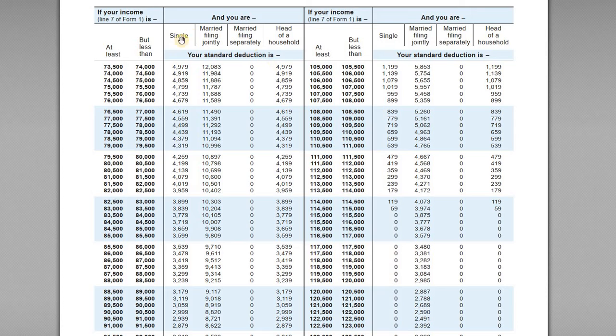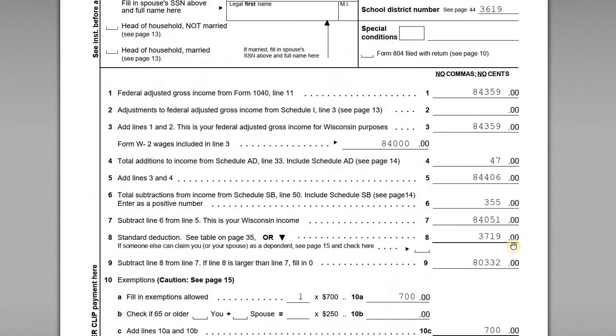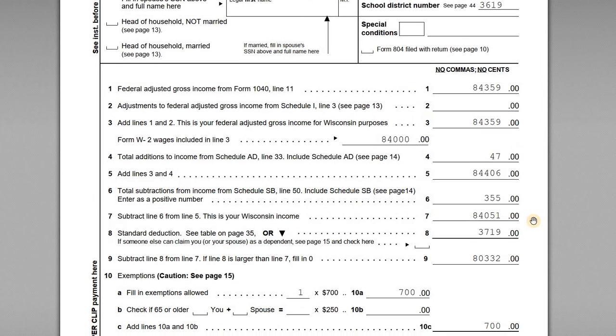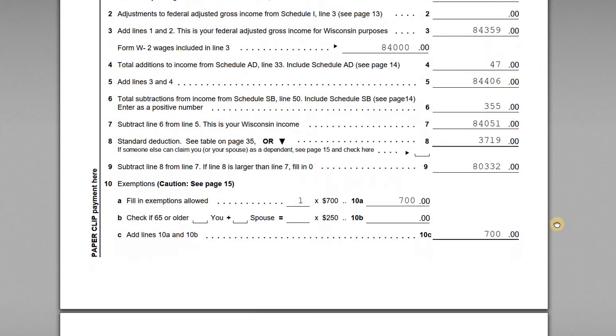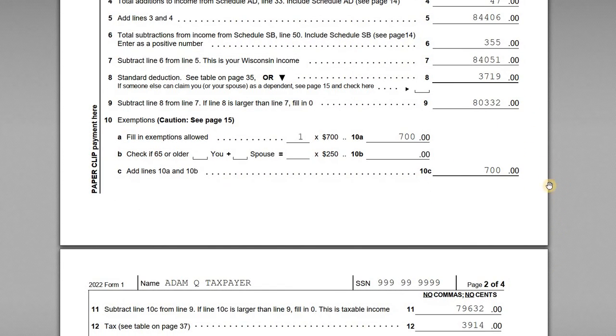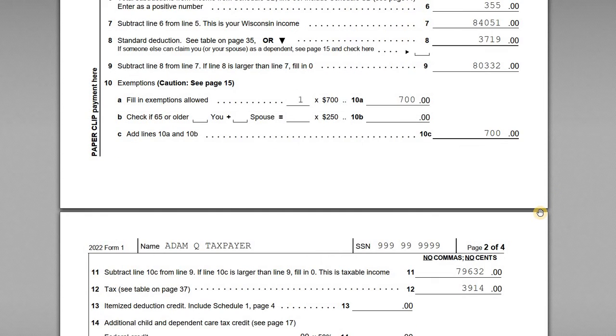So our standard deduction for a single filer is going to be $3,719. That $3,719 is then reported up on the standard deduction line 8. Then we subtract the standard deduction from our Wisconsin income and we get $80,332.